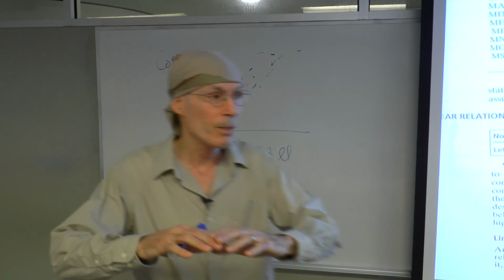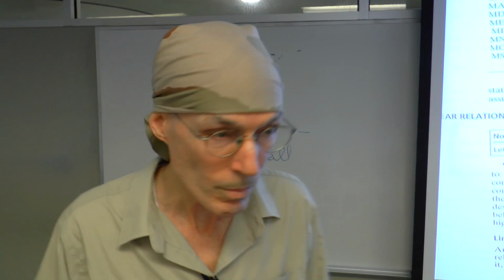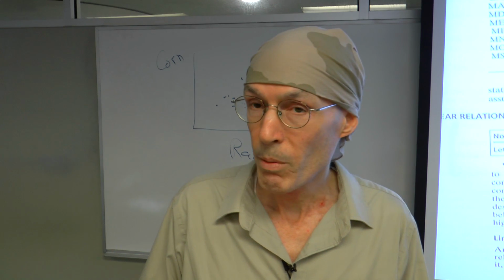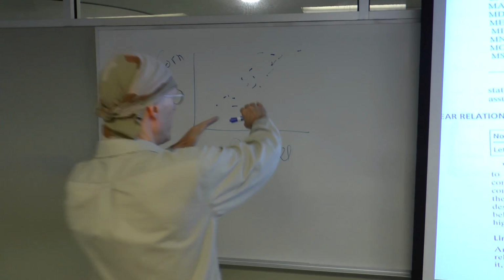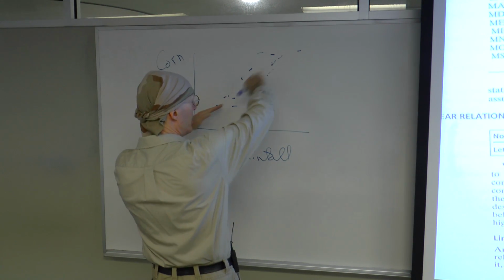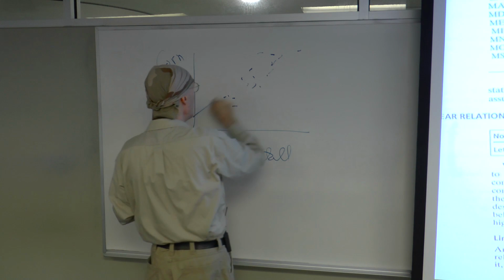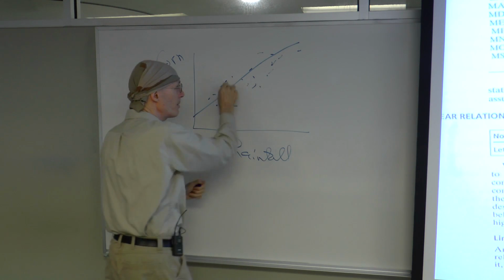Now, in this hyperspace, we want to say, well, what is actually the relationship? Well, in the old days, pre-1970s, what they used to do, literally, is take a ruler. And they used to look at the ruler here and just sort of, looks like it's about this. And they used to draw a line in. Let's put a few more dots up here.